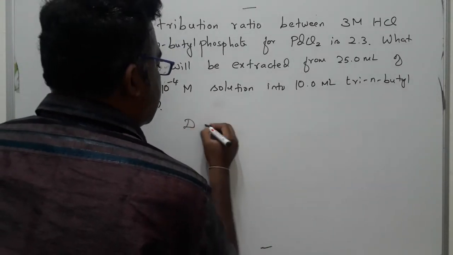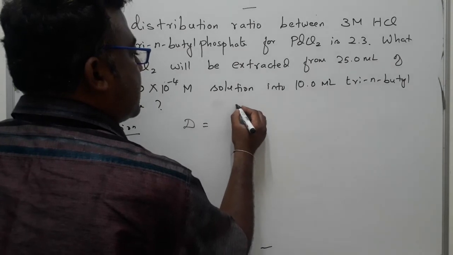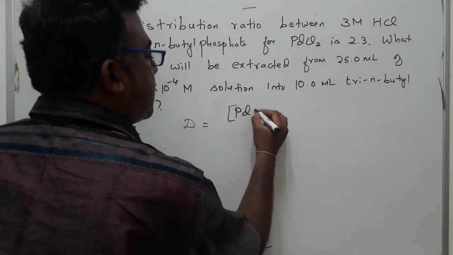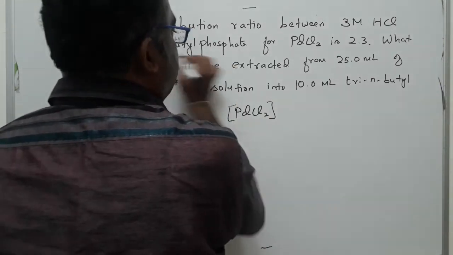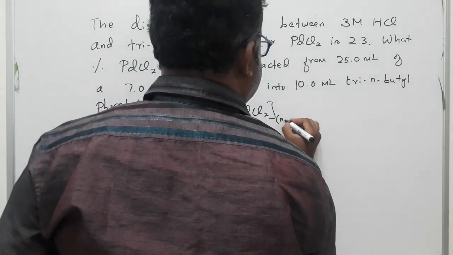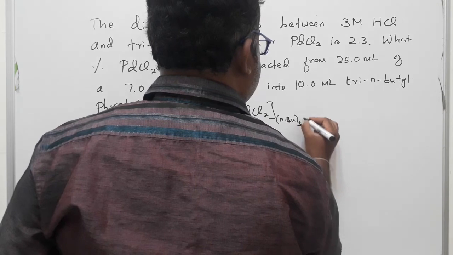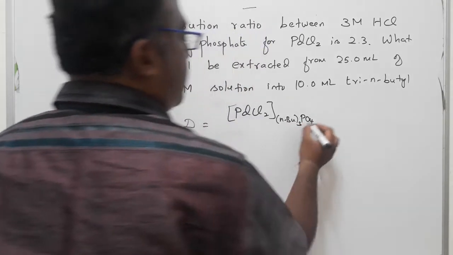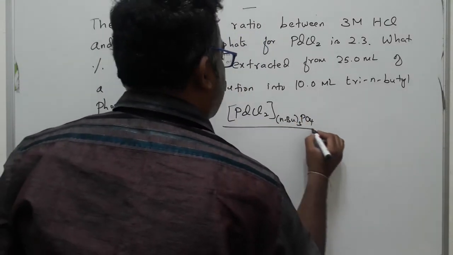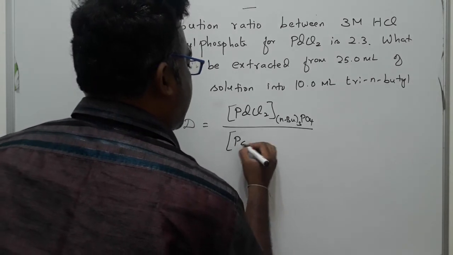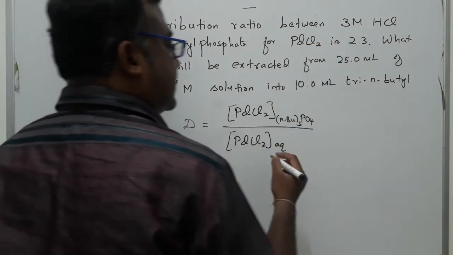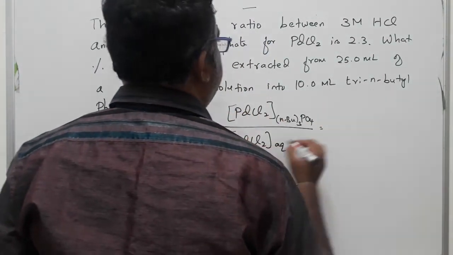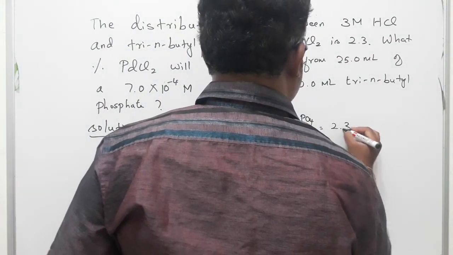So D is equal to the concentration of palladium chloride in the organic phase, here tri-N-butyl phosphate, divided by the concentration of palladium chloride in the aqueous layer, which is 2.3.